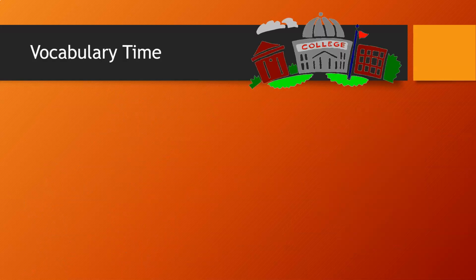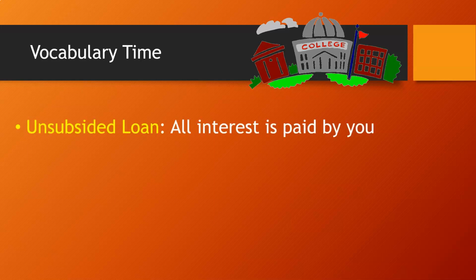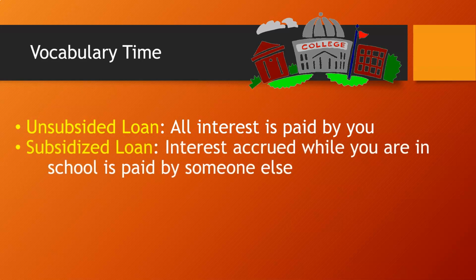So let's talk about some vocabulary that will help explain some of these things. If you have an unsubsidized loan, then all of the interest on the loan is going to be paid by you. But a subsidized loan means that the interest that's accruing while you are still in school is going to be paid by someone else.